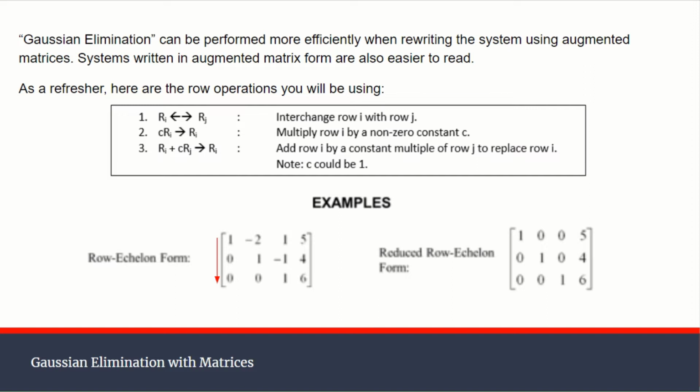With the matrix, you're doing the same thing, but you're trying to get zeros in the second and third equation underneath the 1 from the first equation. Then you move to the next one in that row 2, column 2, and you want to get a 0 underneath it. So you'll do your same row operation number 3 from up above in order to get a 0 there.